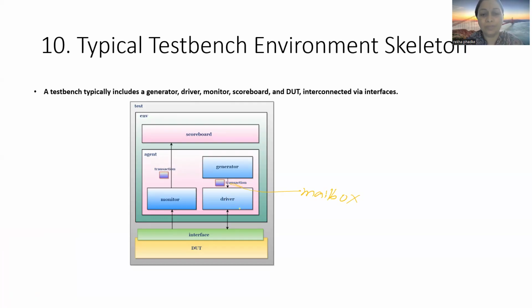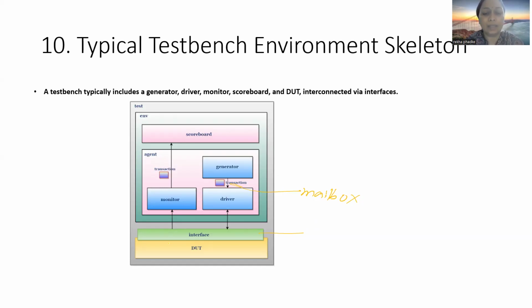At the driver, the packets are given to the DUT via interface. Now, interface is that layer wherein the packets or the transactions are converted into binary data and then given to the DUT. The DUT is wherein we have written the RTL code for a particular design, that is the RTL design which we have written in Verilog.